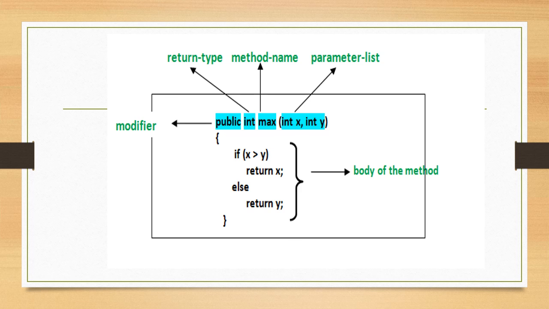Then in this example we have two parameters, x and y, both of type integer. Then this is the body of the method, within braces. And what we are writing here is that if x is greater than y, then return x, meaning whatever the larger number is, either x or y, we are returning that value. So this complete block is the body of the method.